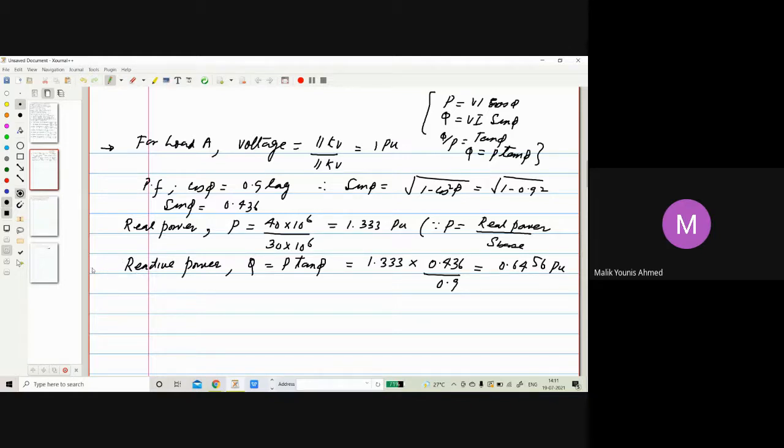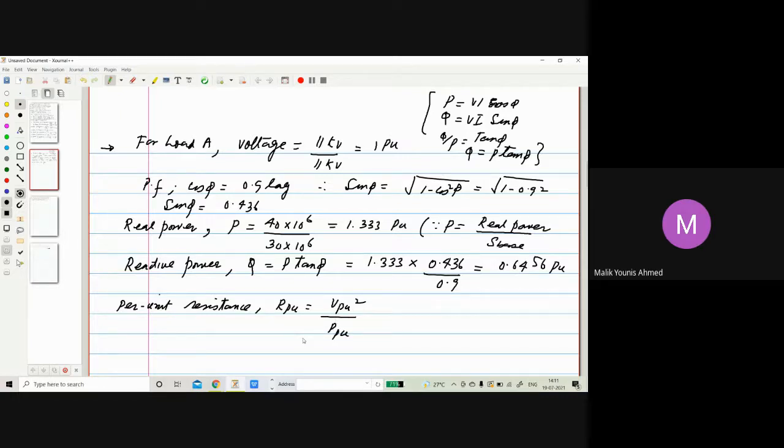So next is per unit resistance. Per unit resistance is RPU. RPU will be VPU square by PPU. How?